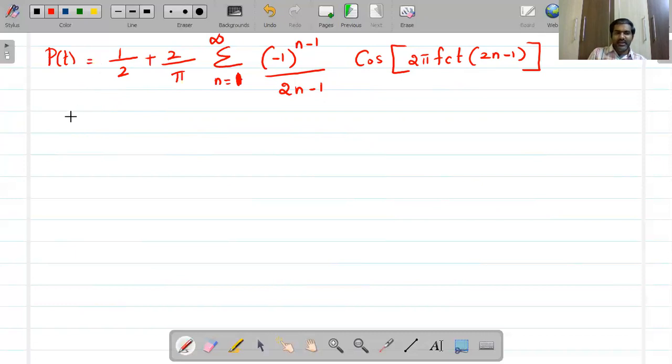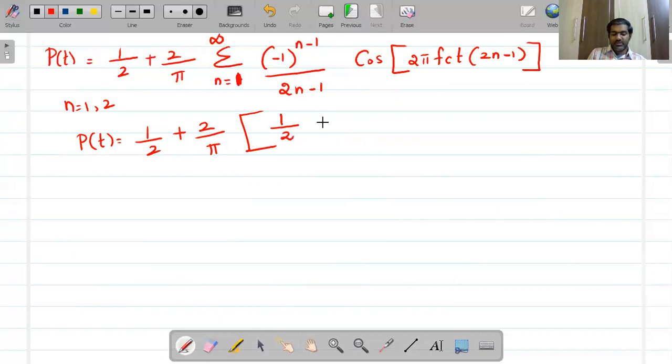If I take n equal to 1 and 2 and substitute, I will have P of t as 1 by 2 plus 2 divided by pi into minus 1 to the power 0. Sorry, I made a mistake.